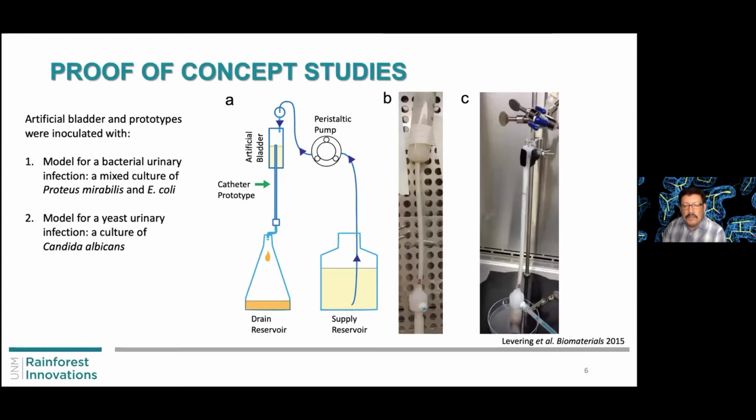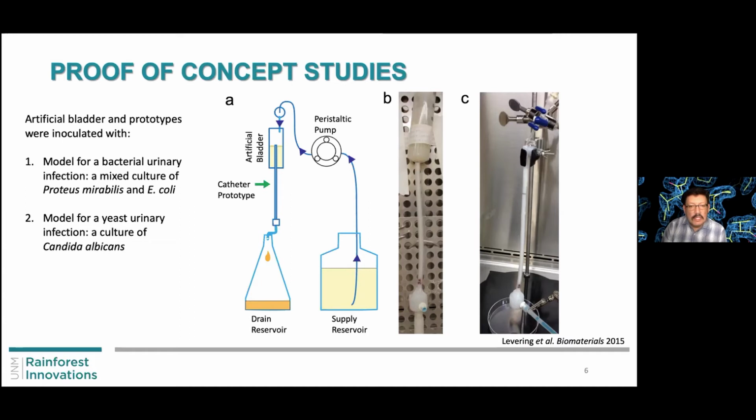So for our proof of concept studies, we used this artificial bladder and catheter prototype that's indicated here. Basically, the supply reservoir here would be inoculated with whatever sort of infectious microbes we are interested in studying.